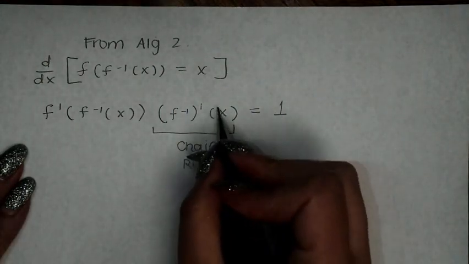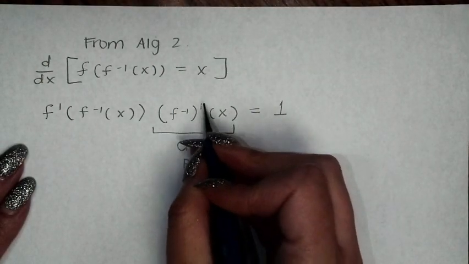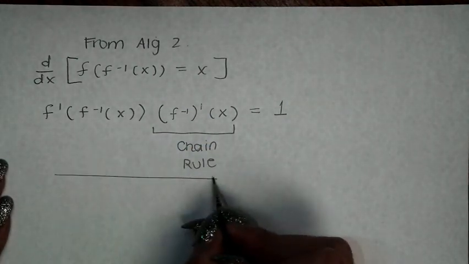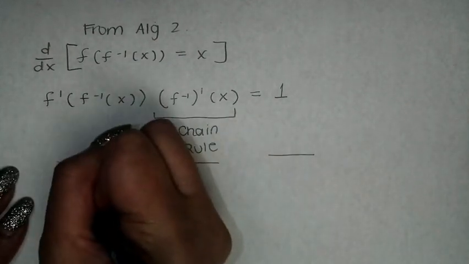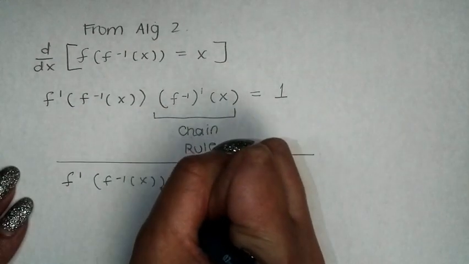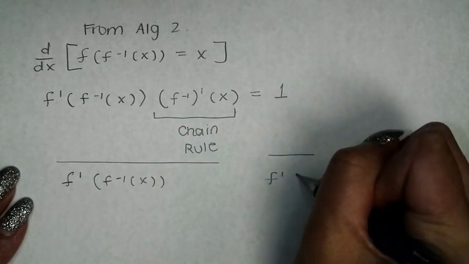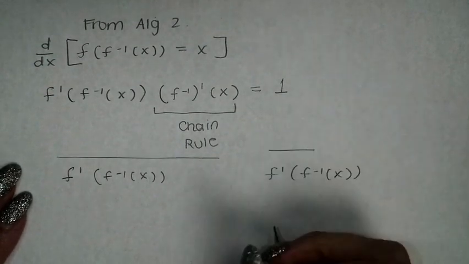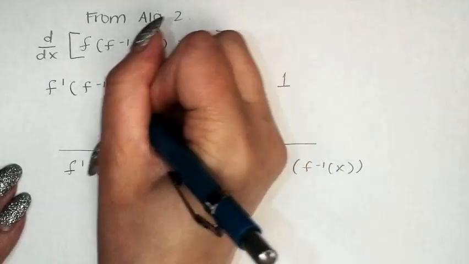Now, if you want this, let's solve for this one. What are you going to do to both sides? We're going to divide both sides by f prime of f inverse of x. Do you agree with that? So summarizing what I have, this cancels with this.